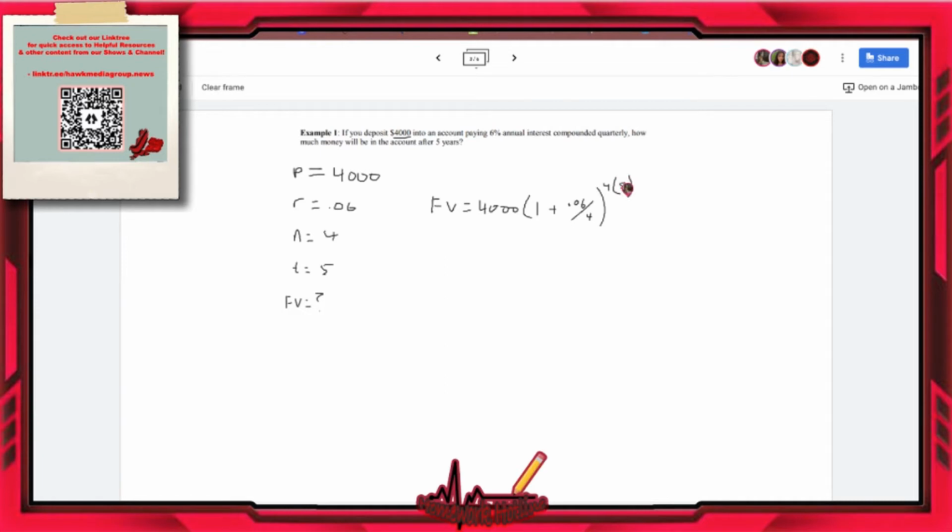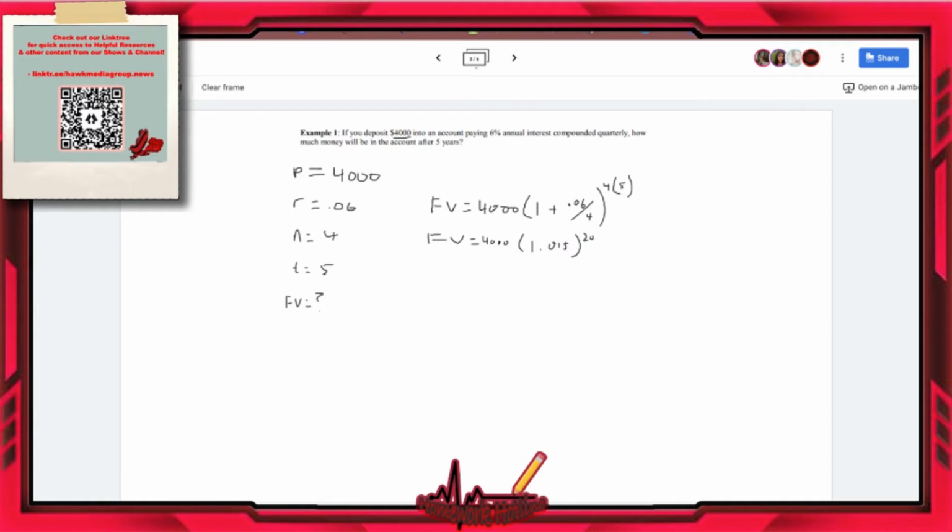Now we can simplify everything as much as we can, so we'll start with everything inside the parentheses. If you divide 0.06 by 4 and add that to 1, you get 1.015. And that's to the power of 20. 4 times 5 is 20.